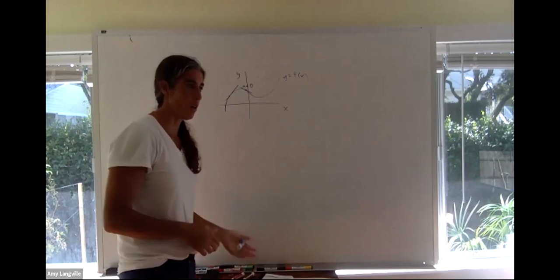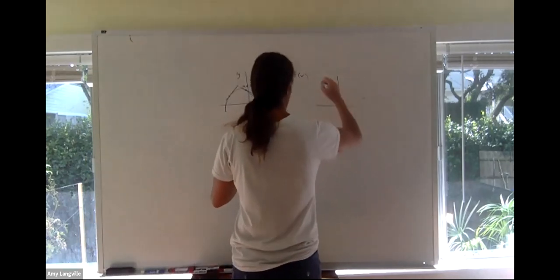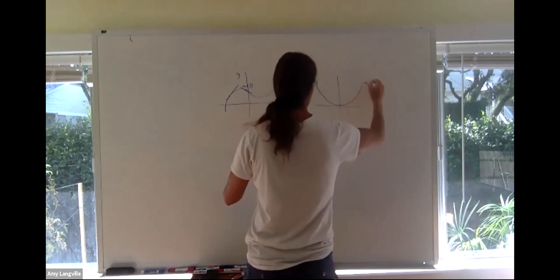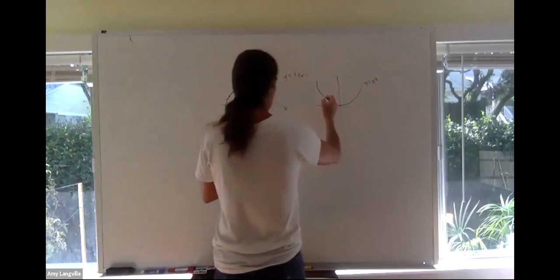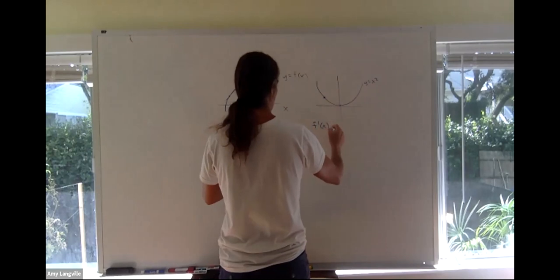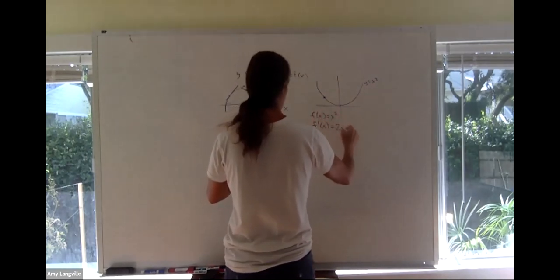Or maybe you like to think algebraically, and maybe you think about the function y equals x squared. You know it's a parabola opening up from the origin. And maybe you learned that, again some folks might have seen this in pre-calculus, that for f of x equals x squared, the derivative is 2x.